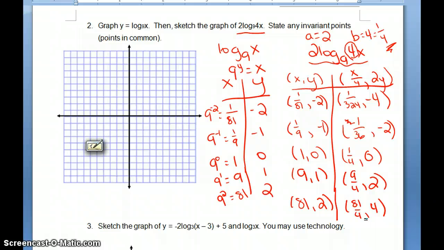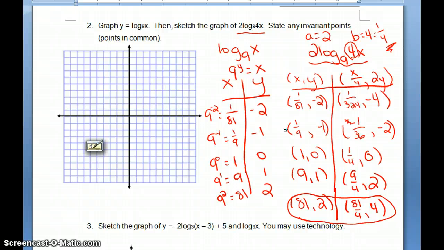As long as we get the gist of what's going on, that's the most important thing. So for example, this 2 and 81, I'm pretty sure we don't need to graph. That is insane. But just going up to 81 and then trying to compare that with 1 over 81, that's crazy.